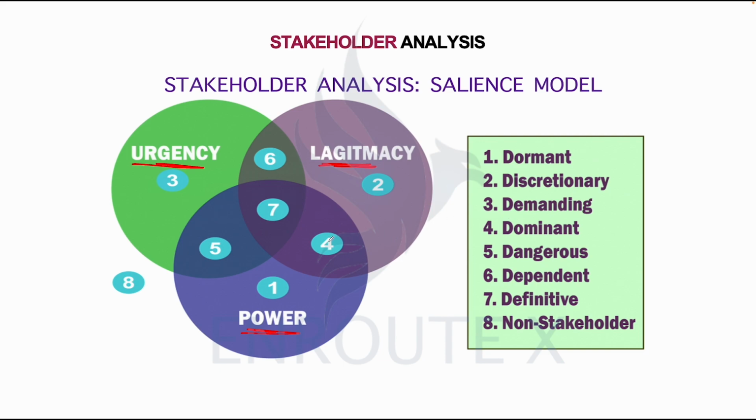Then still others that have both power and legitimacy could be dominant. Others that have both power and urgency could be dangerous. Others that have both urgency and legality could be dependent. While others with the three would be definitive.